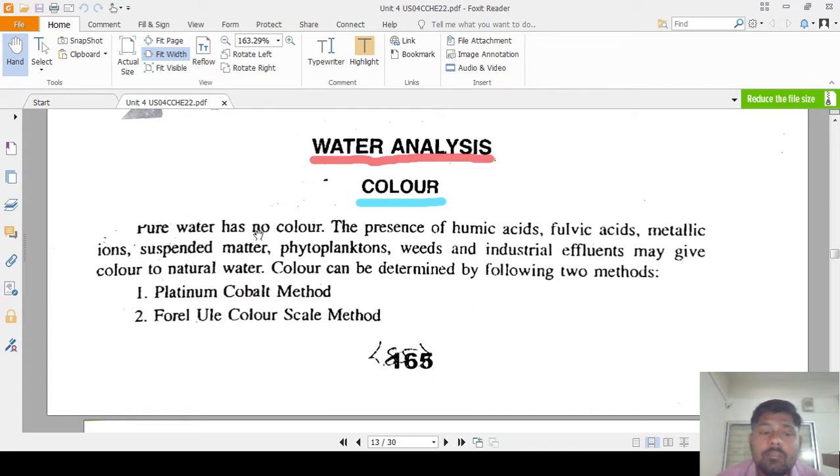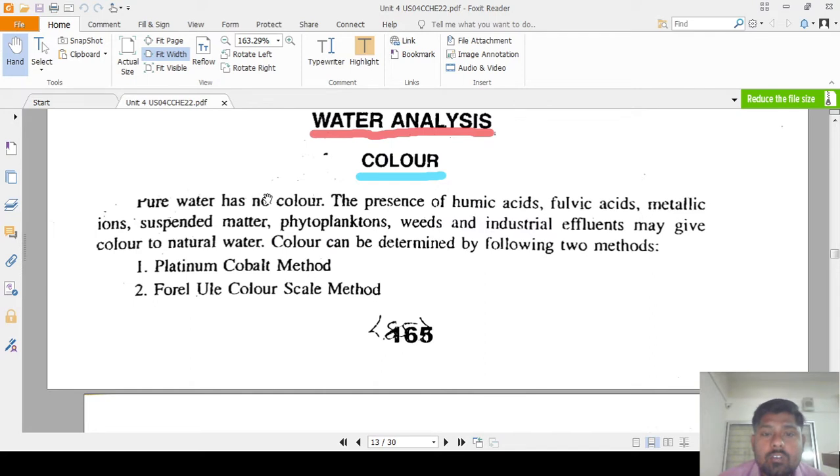Color is a physical property. Pure water has no color, but due to the presence of humic acids, fulvic acid, metallic ions, suspended matter, phytoplanktons, weeds and industrial effluents, it gives color to natural water.